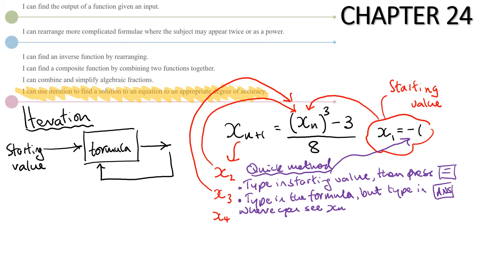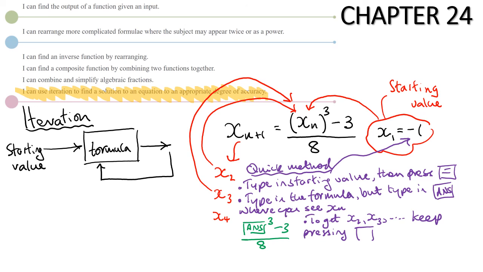So actually what I'm going to be typing in on my calculator is I'm going to press the answer button, cubed, -3/8. Then to get x2, x3 and so on, we just keep pressing equals, and that will give you the other solutions. So let's do it over here.